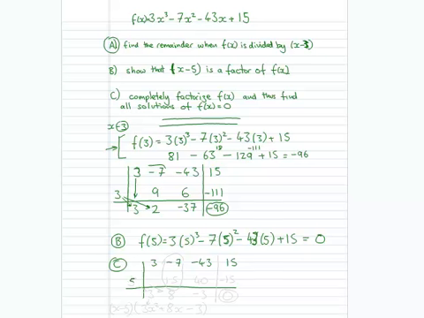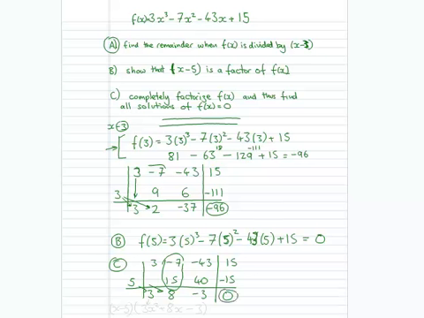Let's put the 5 here now, bring the 3 down, multiply again, giving us 15, totaling minus 7 and 15 gives us 8. 5 times 8 gives us 40, minus 43 plus 40 gives us minus 3, 5 times minus 3 gives us minus 15, totaling the final column gives us a remainder of 0.